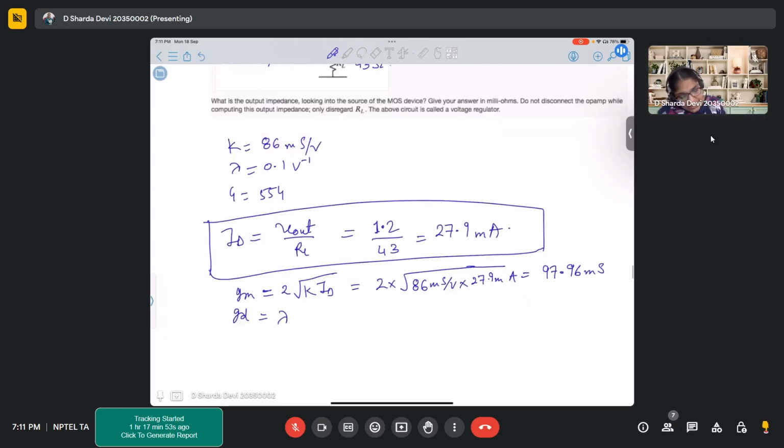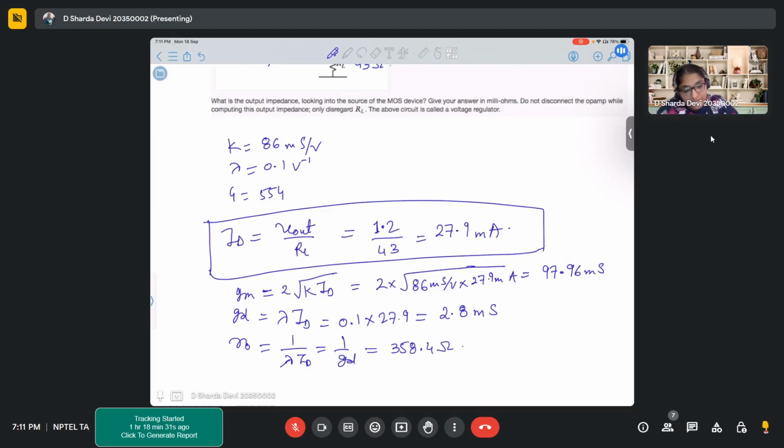And for GD, it is lambda into ID, so 0.1 into 27.9, that is 2.8 millisiemens. So you've got your GD and GM. And you can write R naught also, as 1 upon lambda ID or 1 upon GD, which will give you 358.4.